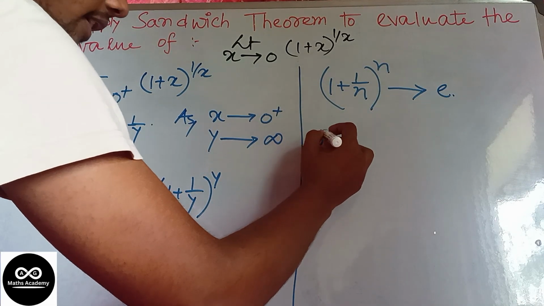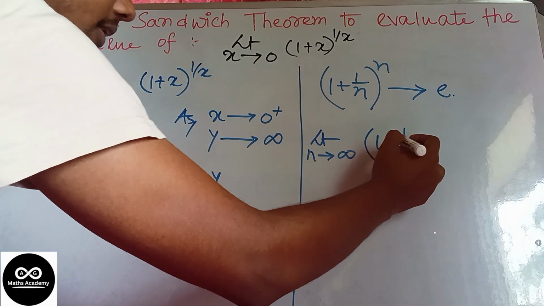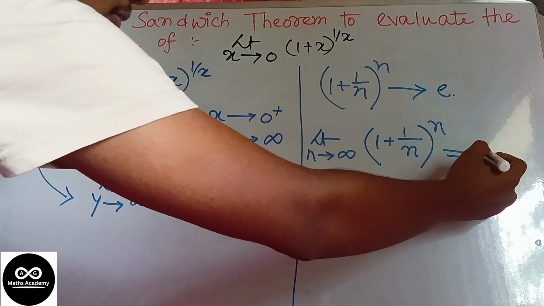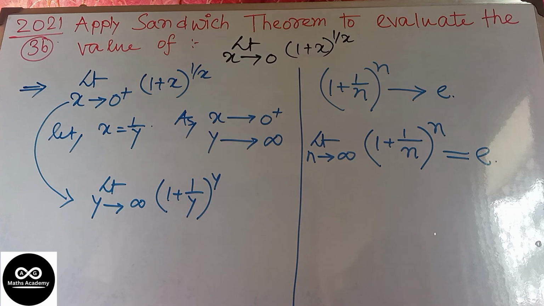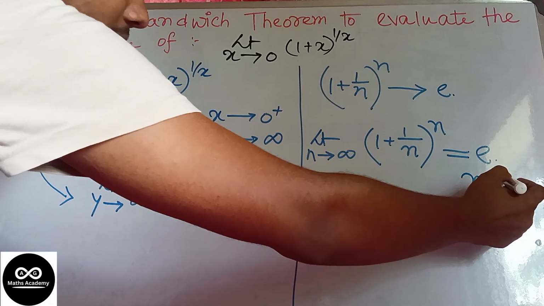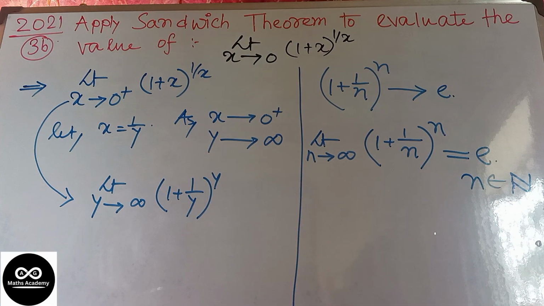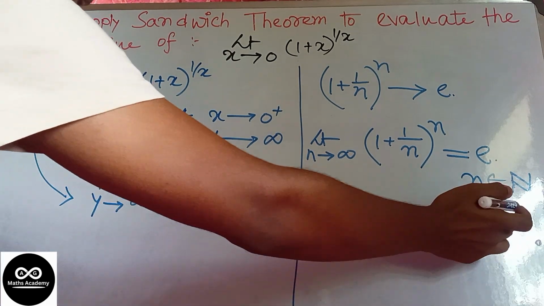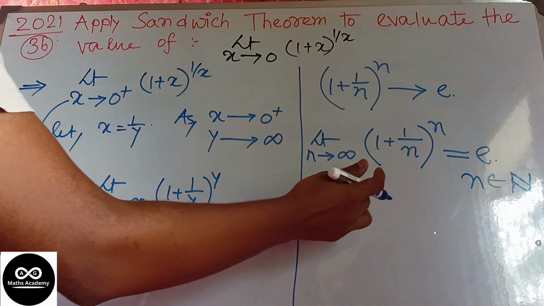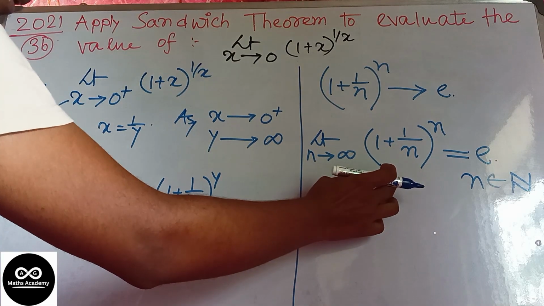So we can write that the limit as n tends to infinity of (1 plus 1 by n) to the power n equals e, where n belongs to the set of all natural numbers. Now we're going to evaluate this from here.